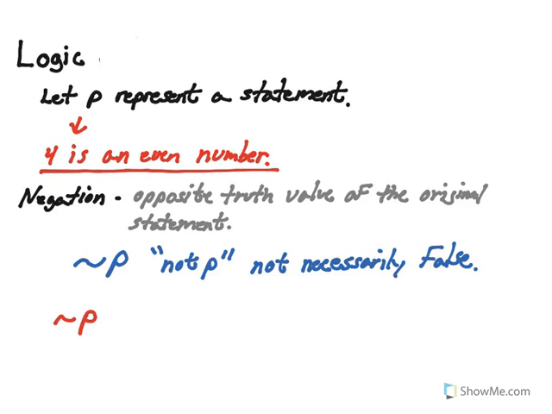And if we negate that, then that equates to 4 is not an even number. Now, is that true? Is 4 not an even number? Of course not. Definitely not. 4 is definitely an even number. The negation of the statement is telling me 4 is not an even number. So this is a perfect example that it's not necessarily false.